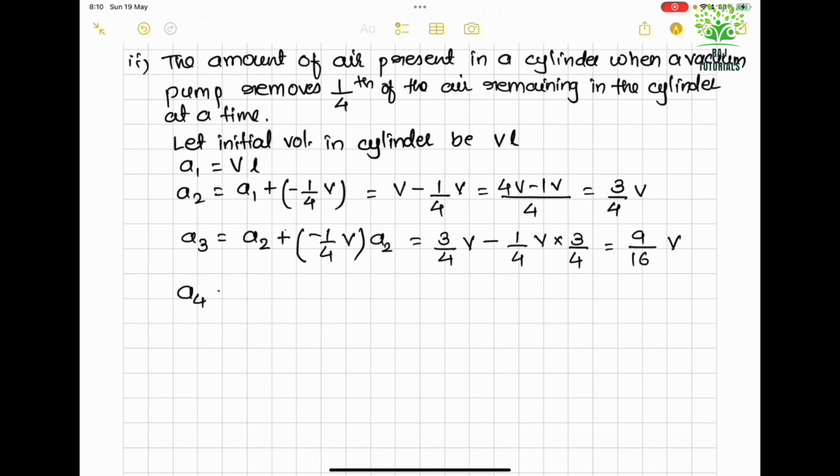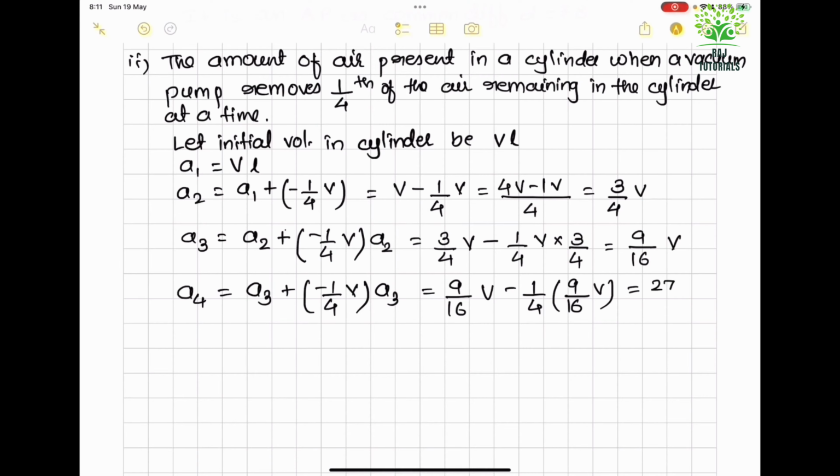Same way A4 will be A3 plus minus 1/4 V of A3. That is coming 27 V upon 64.